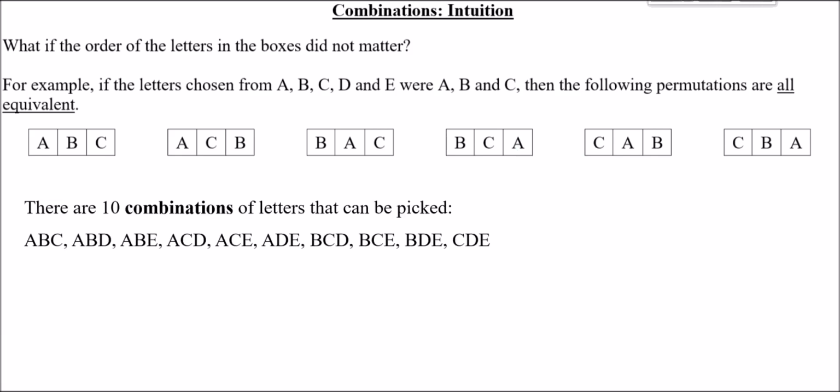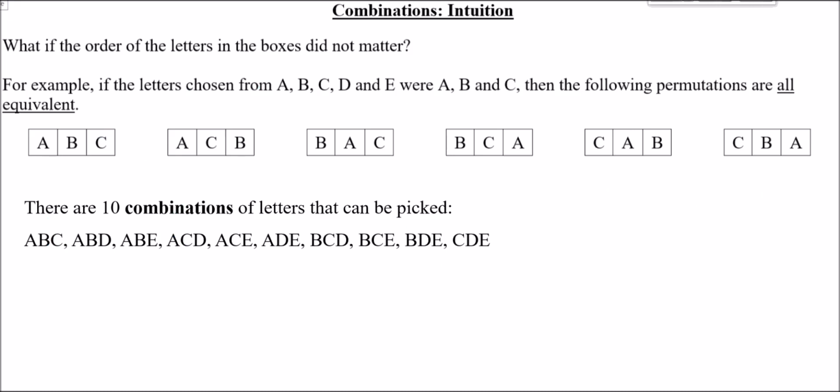So there's 10 combinations of letters that can be picked, which we worked out from before, which are these combinations here. And so if we're not bothered about these 6 different permutations for each combination of 3, we can take the 60 total permutations and divide through by 6, because instead of 6 permutations we're interested in, we just want 1 of those permutations, and that will do us.